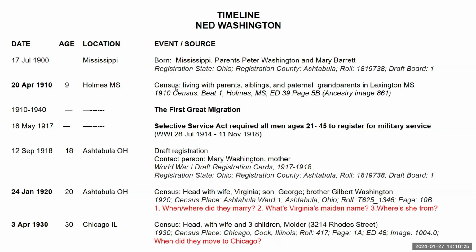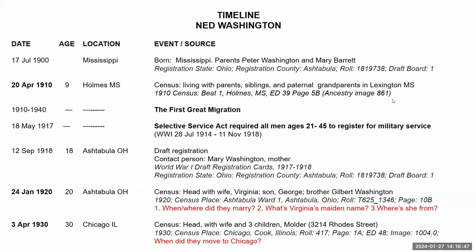So here's the census. I put the full date because in this census, he's 9 years old in 1910. So you think maybe he was born in 1901, but he was born just a few months before the census. And that's why I like to put the full date, because sometimes a matter of a couple of months makes a difference.